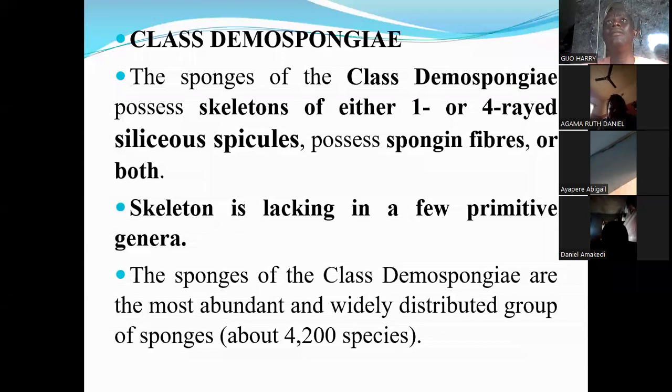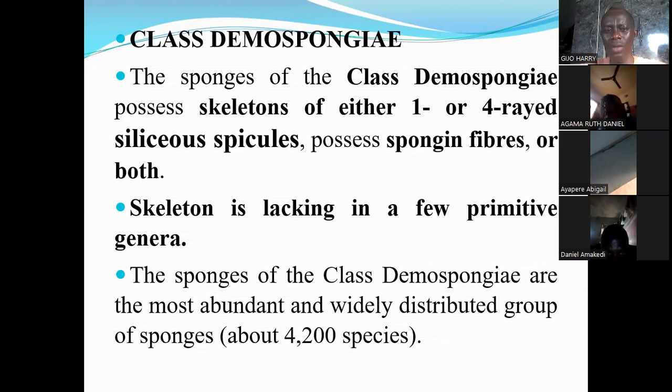The next class of sponges we want to look at is the class Demospongia. They possess a skeleton of either one or four rayed siliceous spicules. So take note, the Demospongia have siliceous spicules.